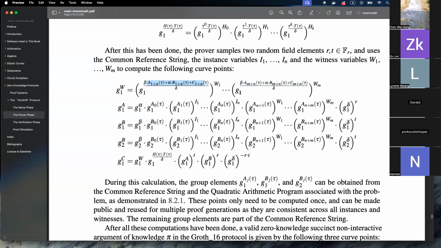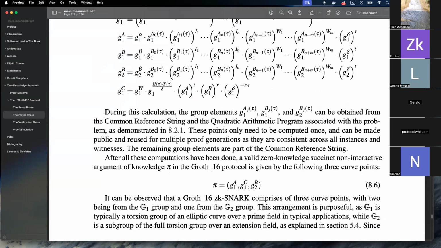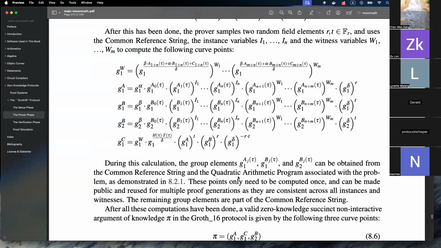G1 to this power is known because we computed it in our common reference string, and we'll get essentially this, right? GA, GB, times G delta. And a lot of this we can get from the common reference string. These values are from the R1CS. These values are referring to polynomials in our R1CS.